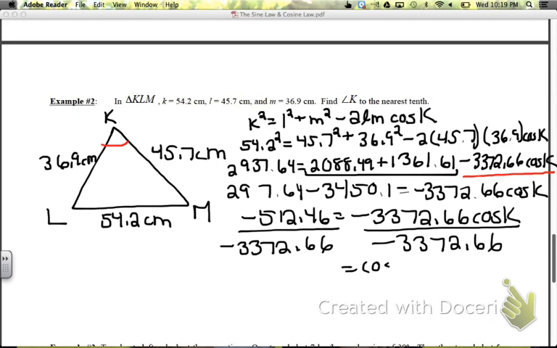So I'll have that cos K, because these cancel out, and when we divide this is 0.1519. So cos K is equal to 0.1519.